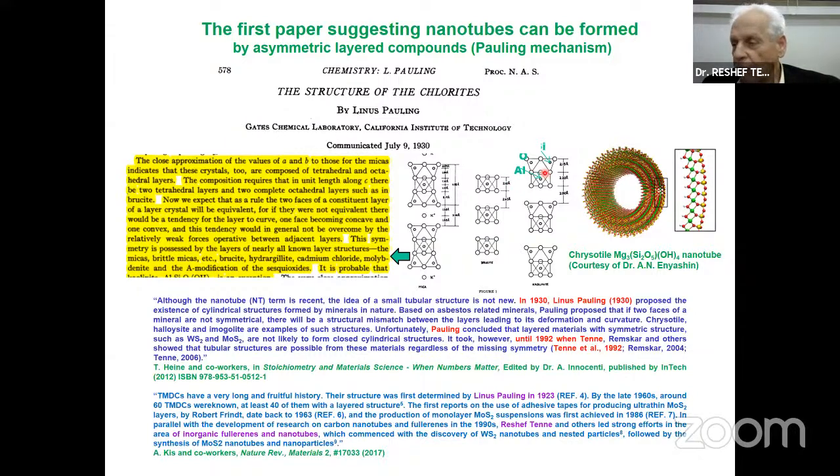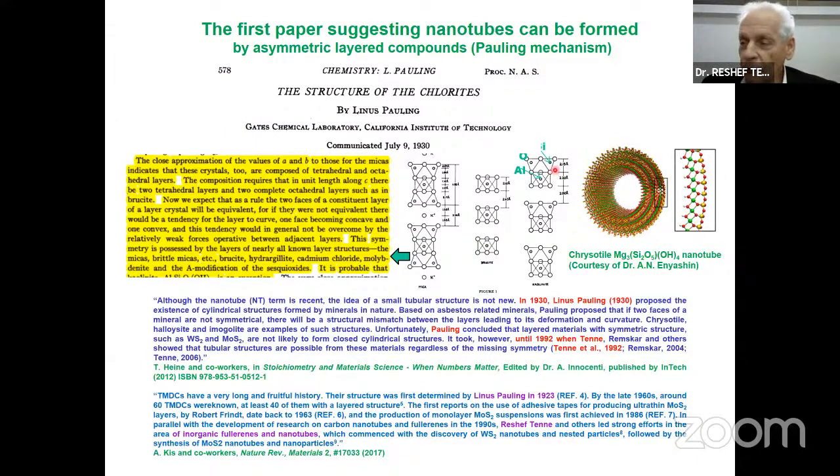Consequently, he mentioned that there will be a tendency for these structures to fold on themselves and form, in our modern language, nanotubes. Of course, at that time nanotubes were not known, but he postulated for the first time that these materials should form curved structures.